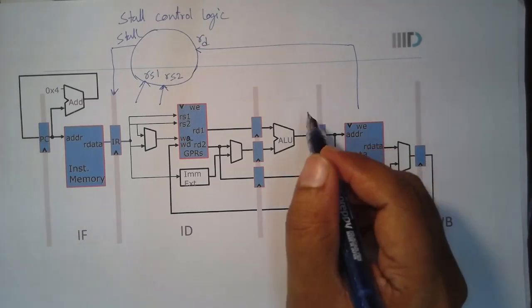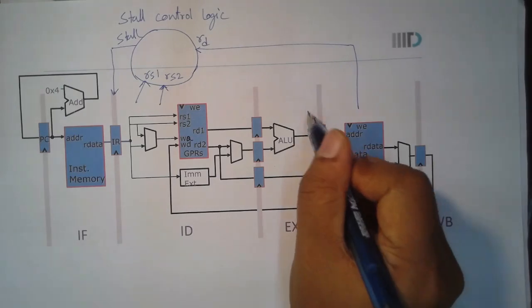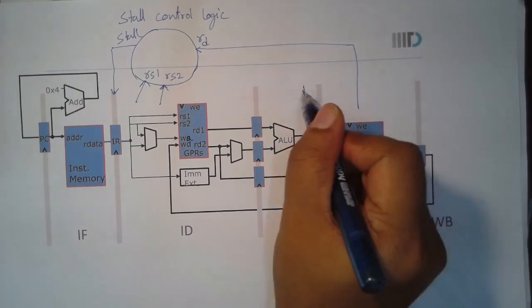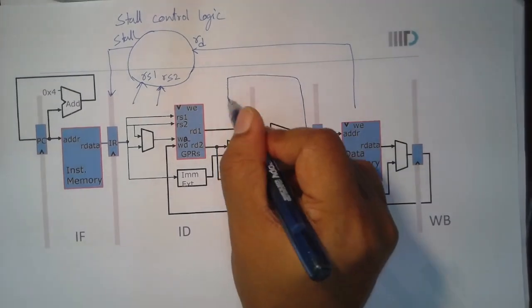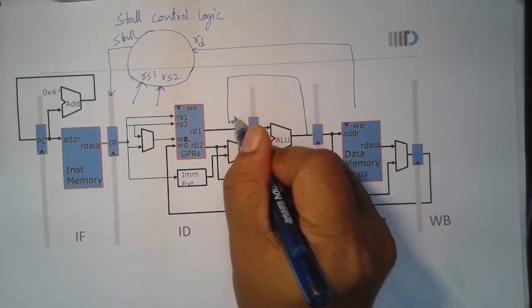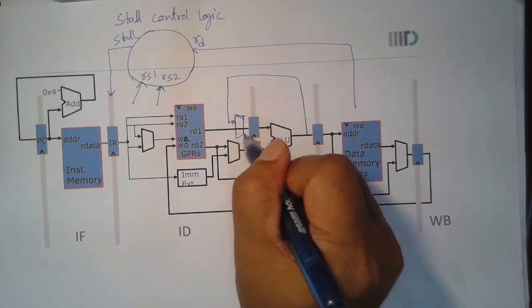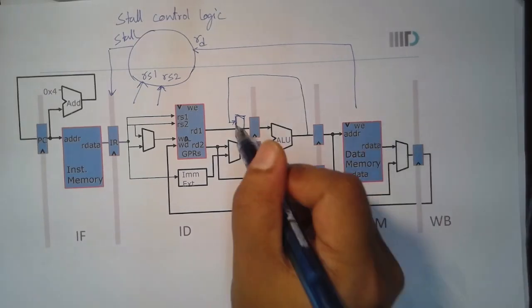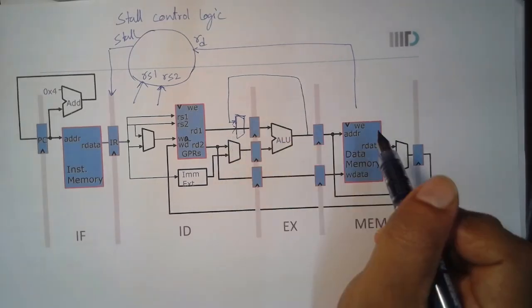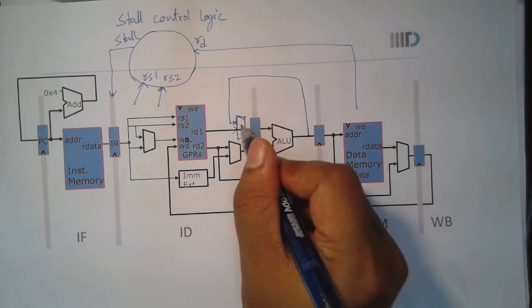So, one way to do that is basically this ALU outcome is fed here as an input to a multiplexer. All right. So, now if you want to use the forwarded value, then you have that value available and you can execute it.